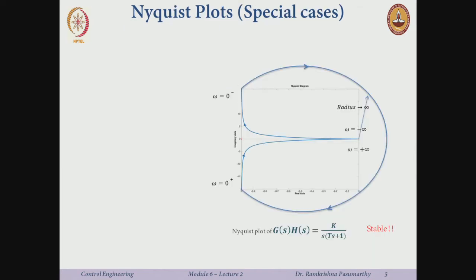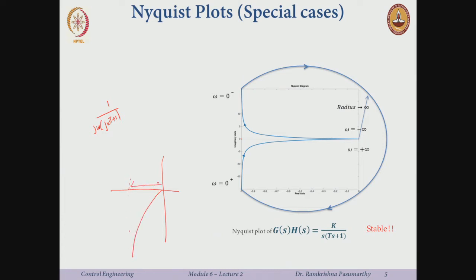If we remember the polar plot of this, it looked something like this. The polar plot of 1 over j omega T plus 1 was something like this. It will asymptote here.